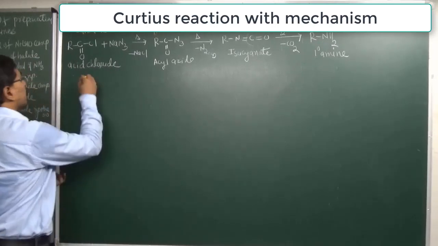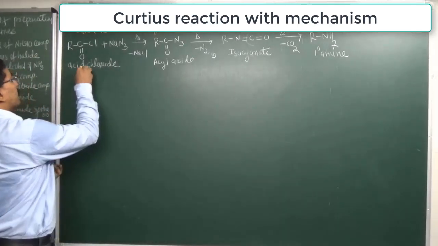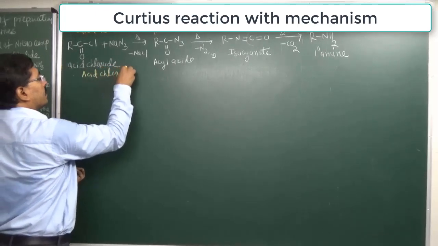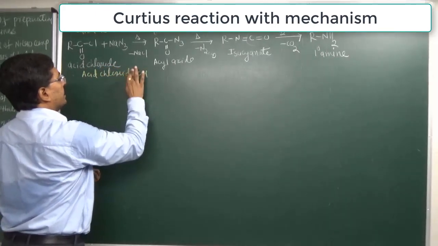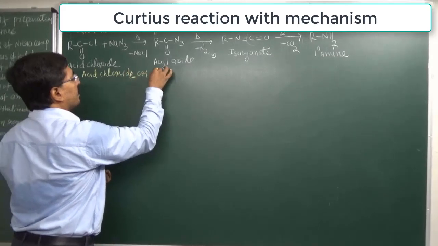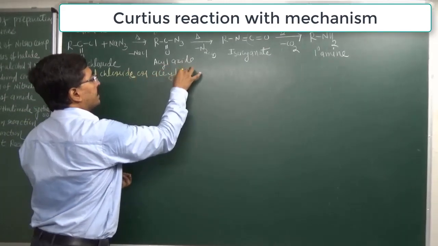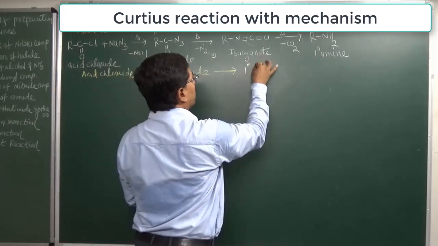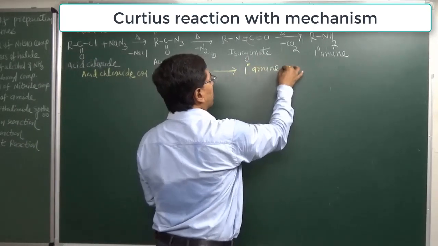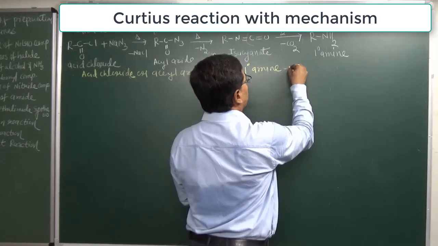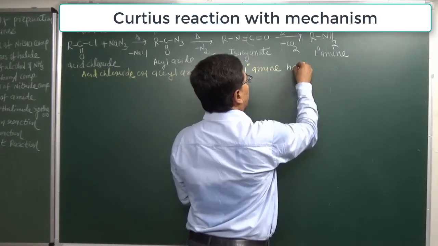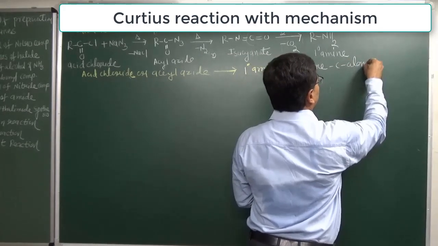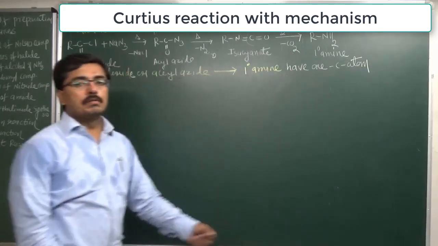The basic thing is that by using this method, acid chloride or acyl azide can be converted into a primary amine, and this primary amine obtained has one carbon atom less. This is the basic thing of this reaction.